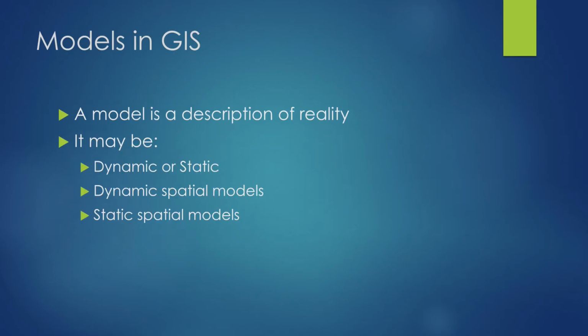So the first slide, just an introduction. I'm on to the second slide here. Models in GIS. We actually have a course on spatial modeling. That's a course that I'm teaching this semester as well, but this is kind of like the second level GIS course.